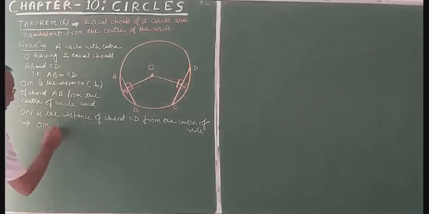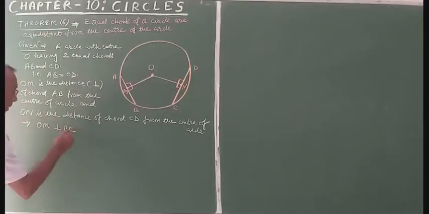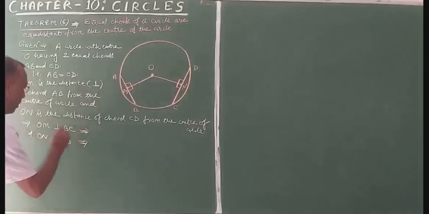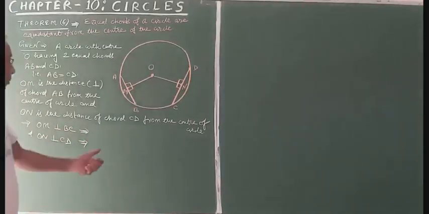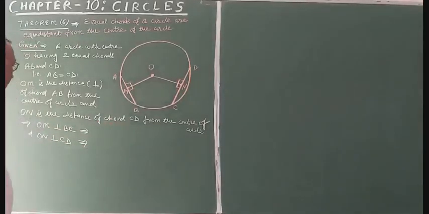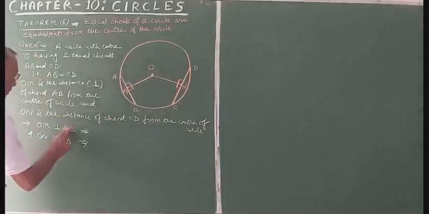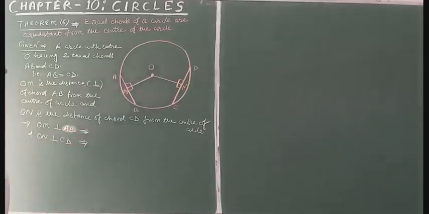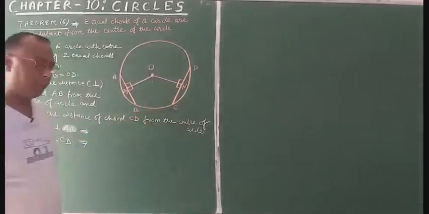OM is perpendicular to AB and ON perpendicular to CD. Is it there? OM is perpendicular to AB. This is AB. OM is perpendicular to AB and ON is perpendicular to CD.